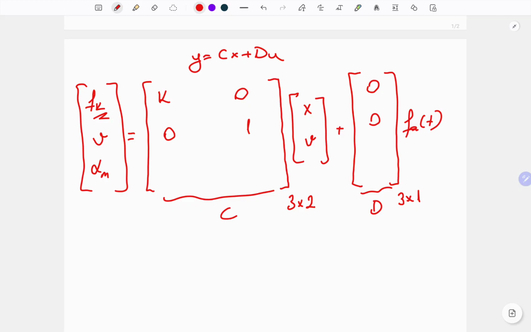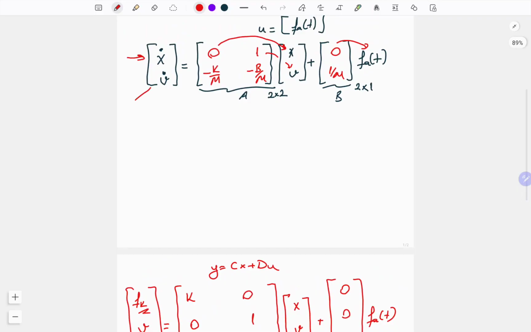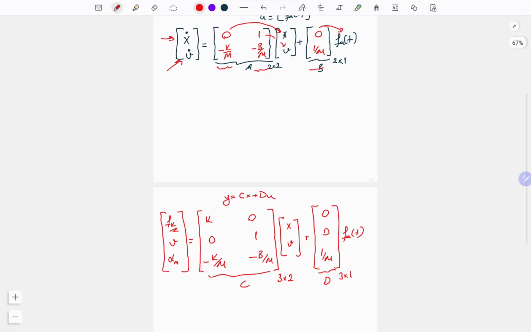For the last row, the acceleration is equal to v dot, the velocity first derivative. So you can write the coefficients directly, because we are trying to obtain the same parameters: minus k over m, minus b over m, and finally 1 over m for the last part. So these are the output equations in matrix form, and here you can see the state space representation in matrix form. Thank you for watching.